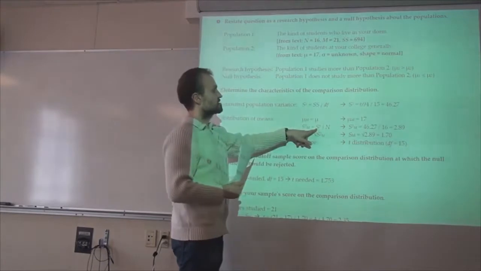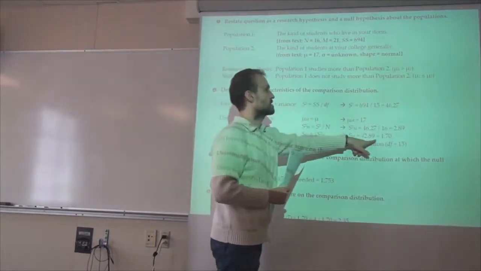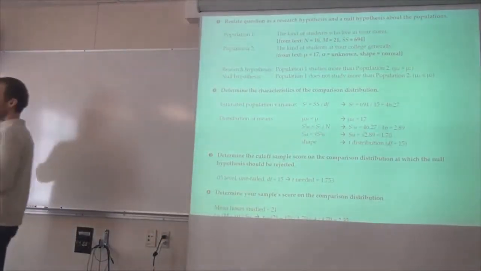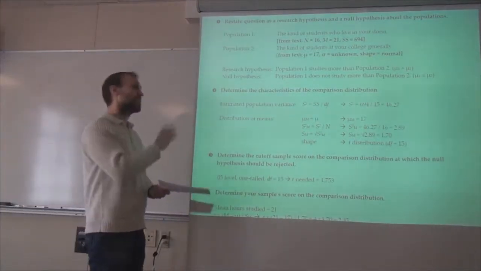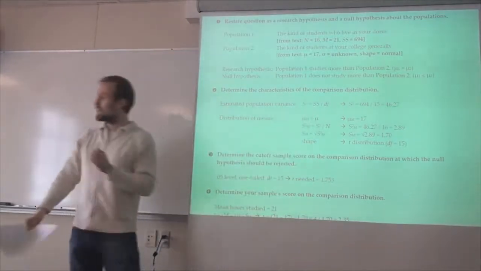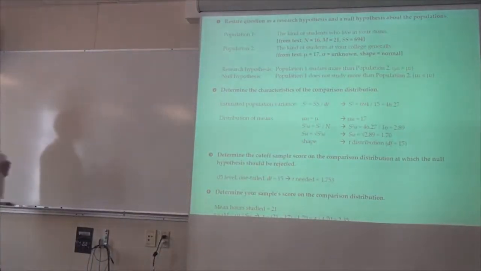Or you can take the variance divided by n, just as before, and I'll get my estimated standard error of the mean as 1.7. So nothing's really changed, except that I had to go and guess at the population variance. Everything is the same outside of that.